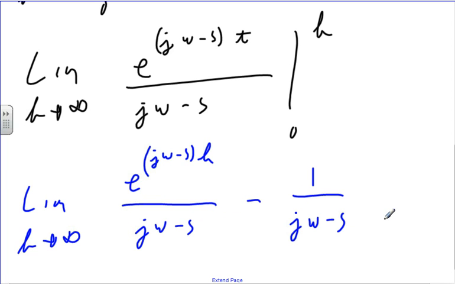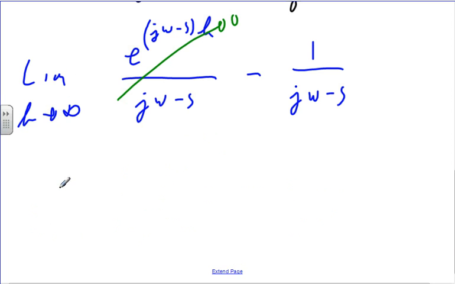Okay, is that all there is? Yeah, pretty much. This term goes to 0 again, and so my F of s becomes 1 over (s minus j omega). I take that minus sign and put it over there.